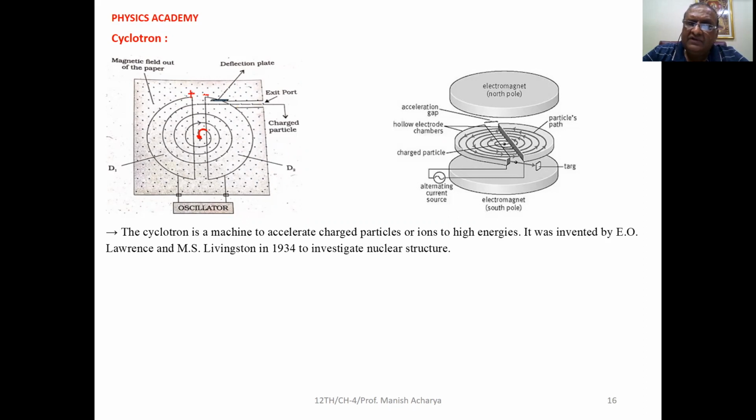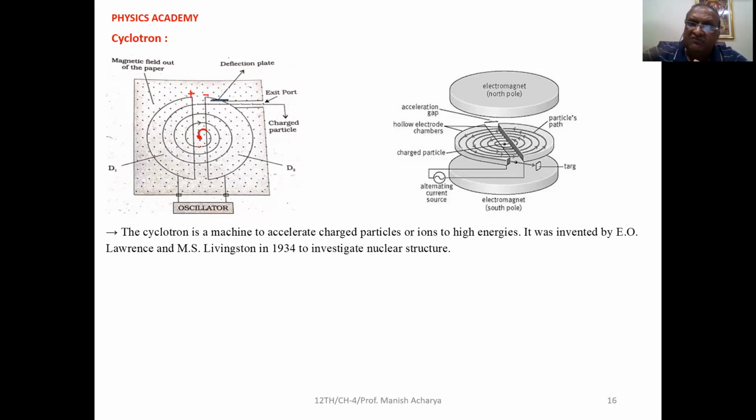So this negative potential will attract this positively charged particle and this positive potential will repel it. The charged particle was moving like this. As soon as it reaches the diameter of the D, the force acts on it due to these potentials.